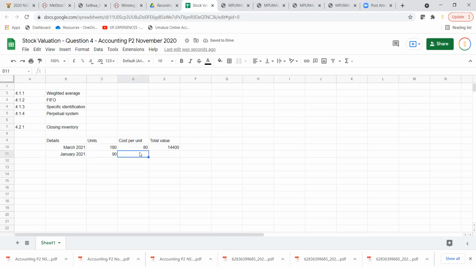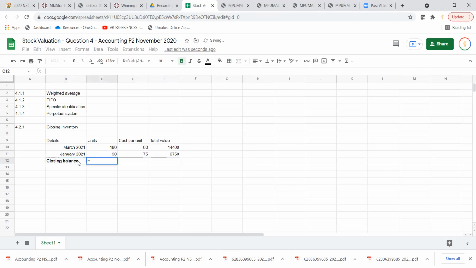The cost per unit for January 2021 was 75. So therefore, we would say 90 times 75 will give us 6,750. So now we have accounted for the total closing balance. So this is the closing balance.